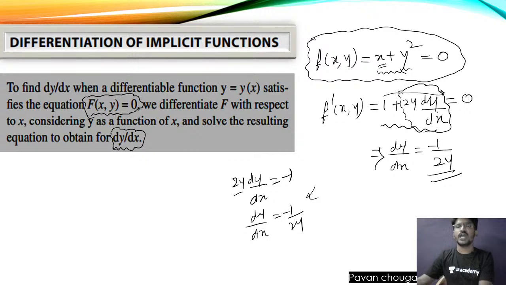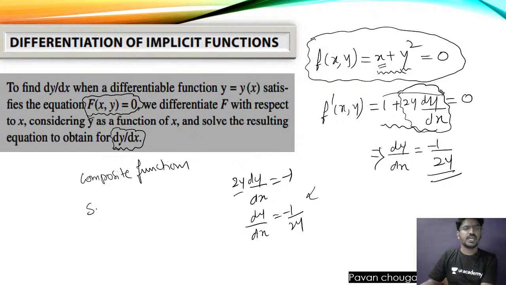But here, all students will be very doubtful regarding this particular step. How is it 2y dy by dx? Why is it dy by dx? They are asking. I can explain that from the composite function.